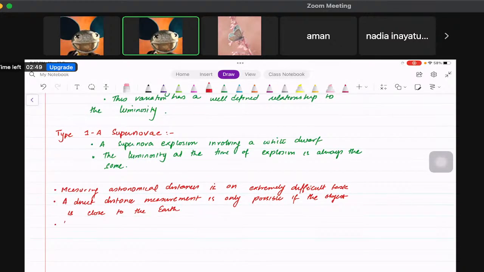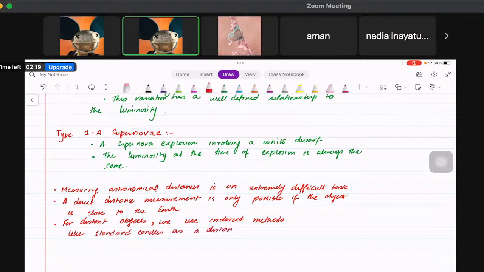For distant objects, we use indirect methods like standard candles as a distance indicator.